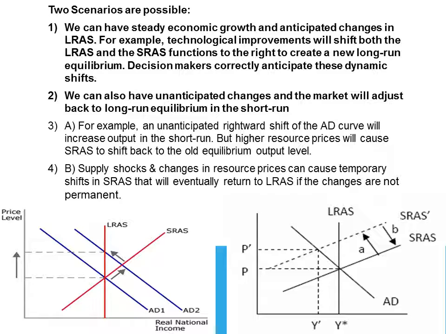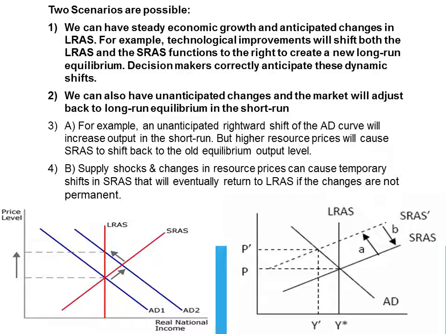Decision makers, such as firms and consumers, will correctly anticipate these dynamic shifts. But we can also have unanticipated changes which decision makers cannot predict. But the market will tend to adjust back to the long-run equilibrium after the short-run period is over.